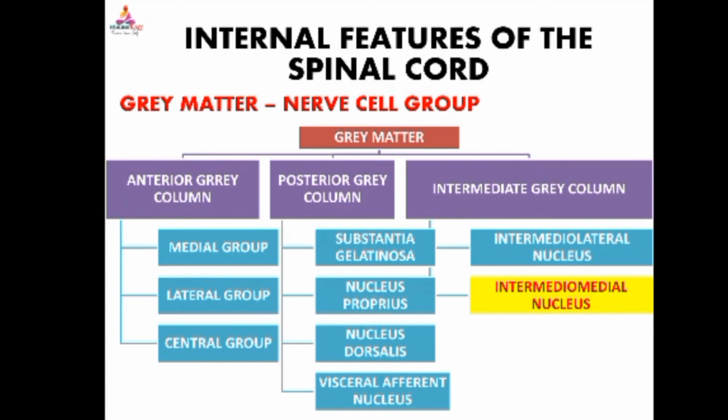Extends from S2 to S4 segments of the cord and gives origin to preganglionic fibers of the parasympathetic nervous system, that is sacral outflow, which also pass out through the anterior nerve root of the corresponding sacral nerves. Intermedio-lateral nucleus is the thoracolumbar outflow.